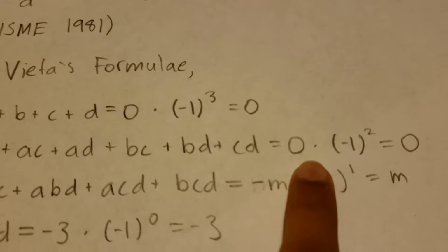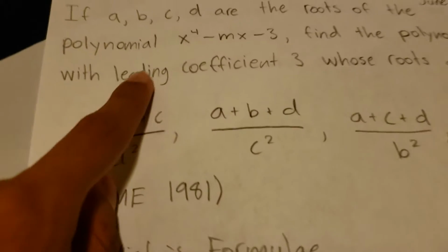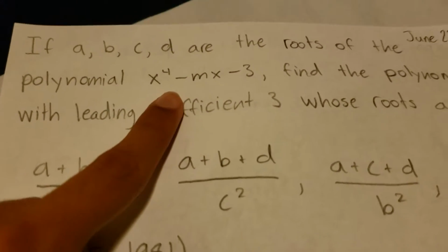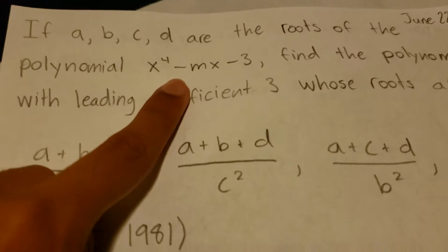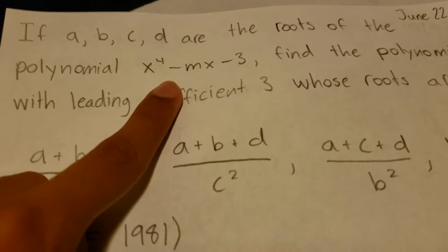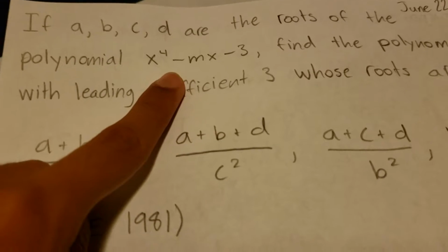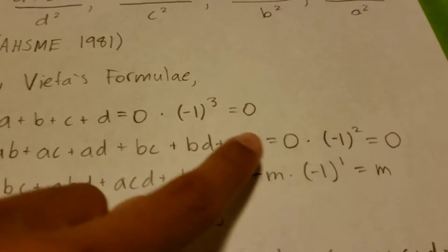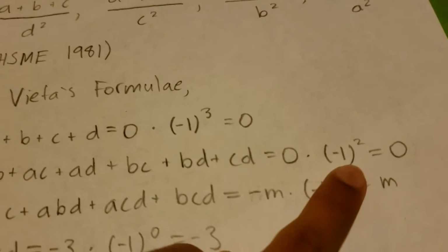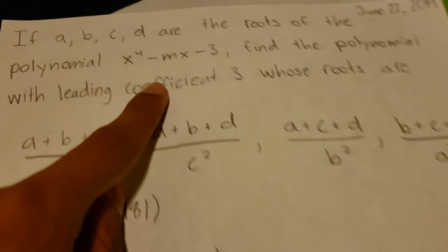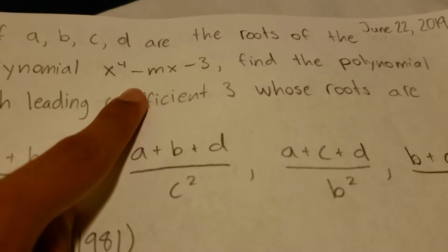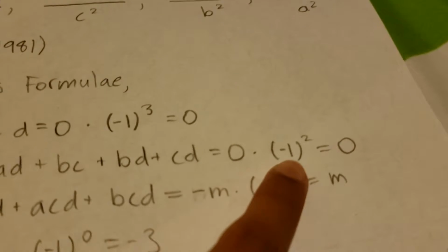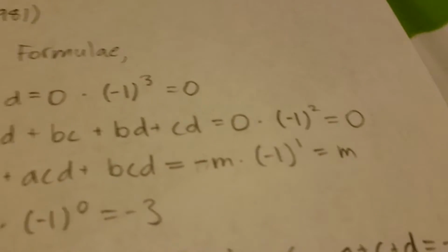Why 0? Because 0 is the coefficient of the x squared term in this polynomial right over here. And because there is no x squared term, that means the coefficient is 0. And we have negative 1 squared here because the x is raised to the second power. And this just gives us 0 once more.